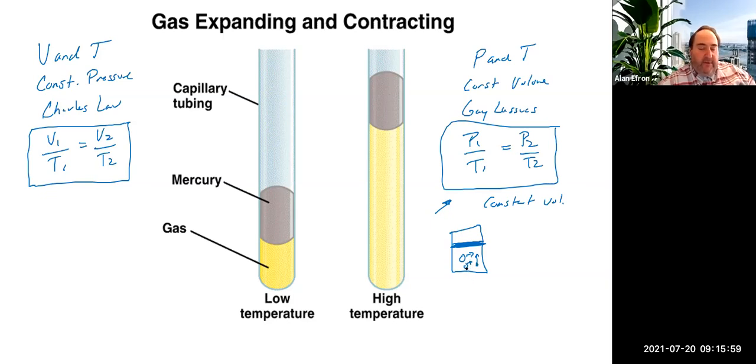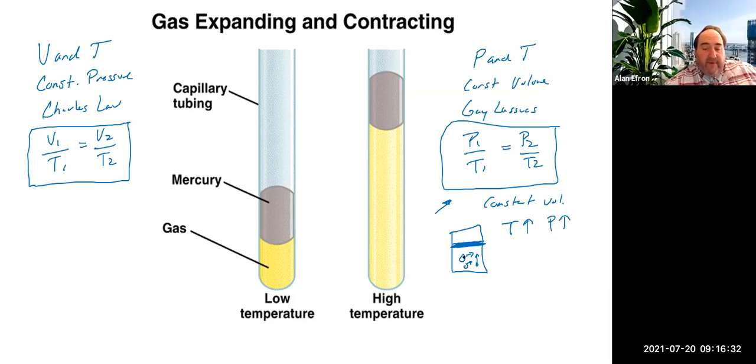If we were to increase the temperature, we would expect the gas molecules to start to move a lot faster, which means there's going to be an increase in the number of collisions. An increase in the number of collisions will result in an increase in pressure.